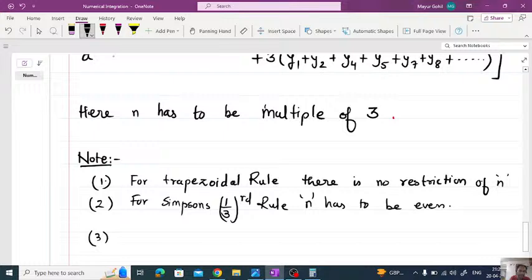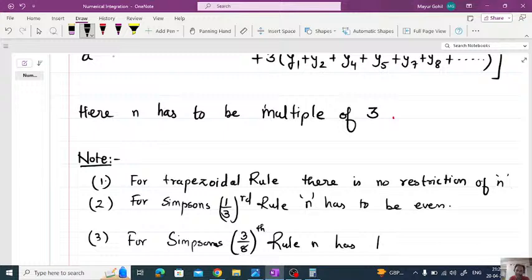Third, for Simpson's 3/8 rule, n has to be a multiple of 3.